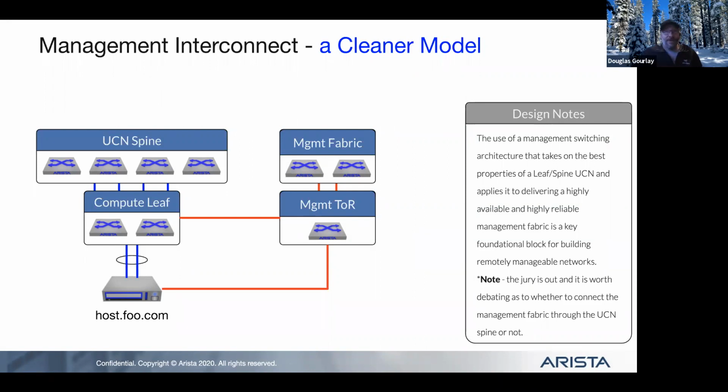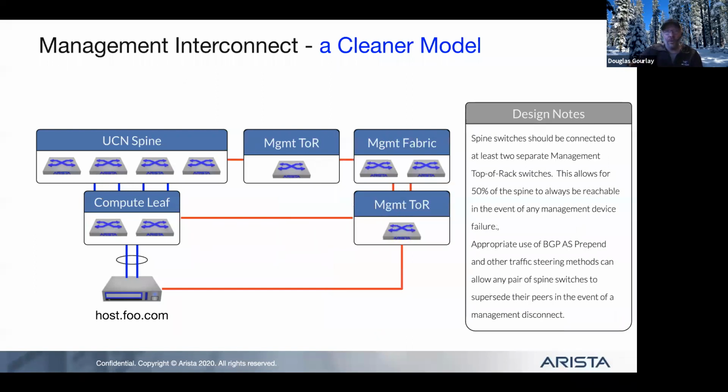Okay, and then you might have a workaround in place. But cleaner model here: compute leaves connect to management TORs, hosts connect to management TORs, in-band access gets turned off. Now, I did put a note down here, speaking to the point we made earlier, it's scenario dependent. You may want to connect those management fabrics back into the UCN spine, and that might be okay.